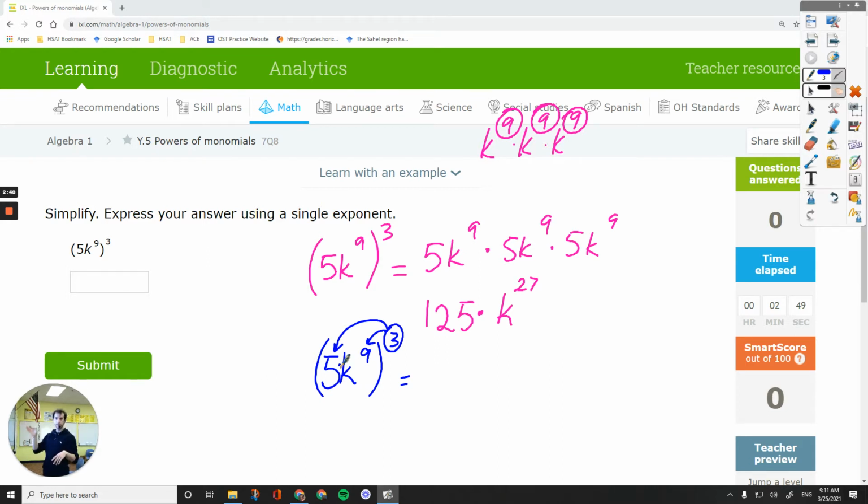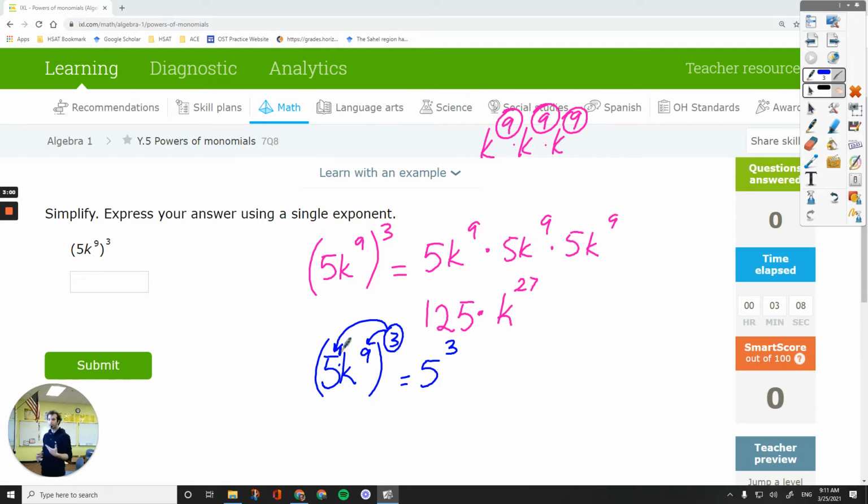The cube, the 3 in the power, is going to affect both of them. So what that means, you will put that 3 as the power of 5, because it didn't have a power in the first place. 5 did not have any power. This is just to the first power. There's a hidden 1 in there.